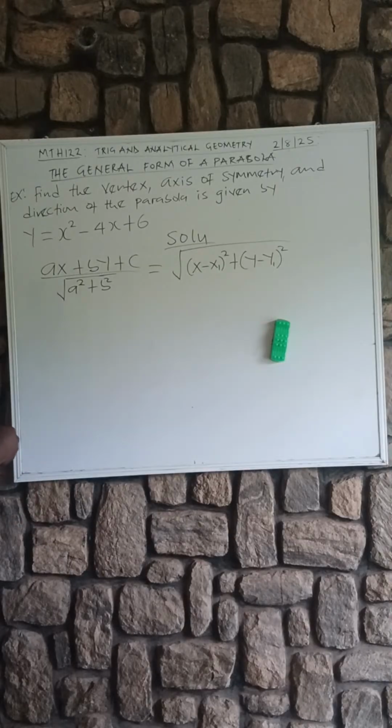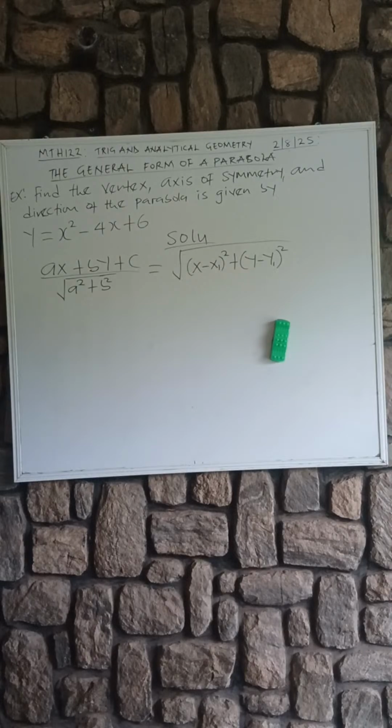What we are going to do here, they said we should find the vertex, true or false. We should find the vertex, axis of symmetry, and direction of the parabola. It is as simple as ABC.